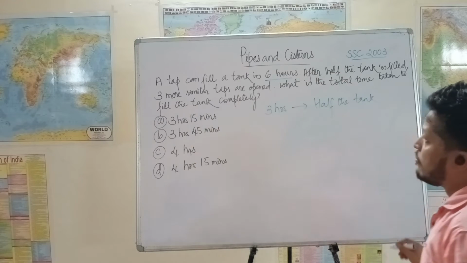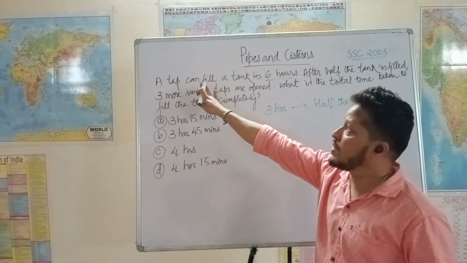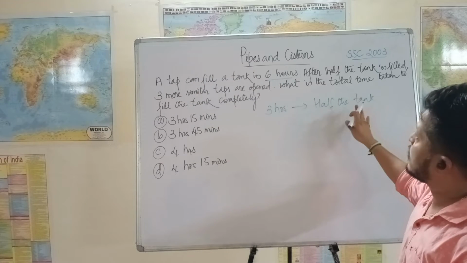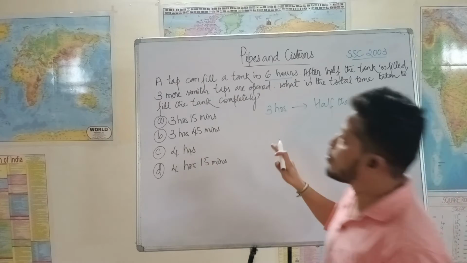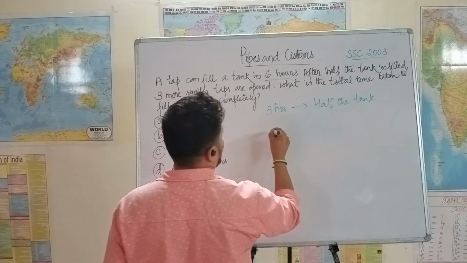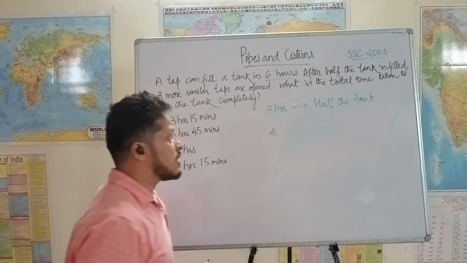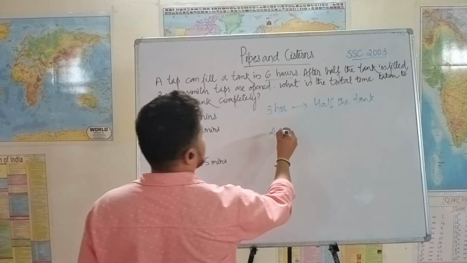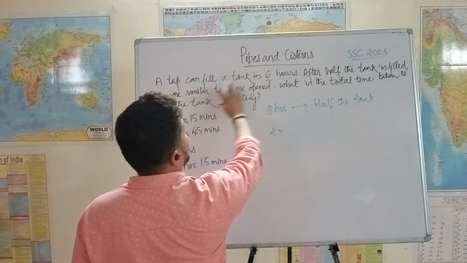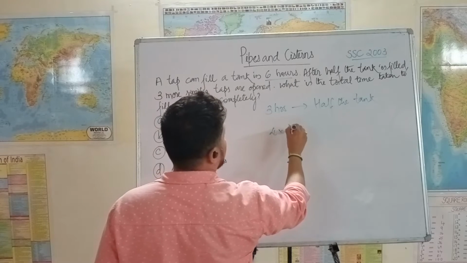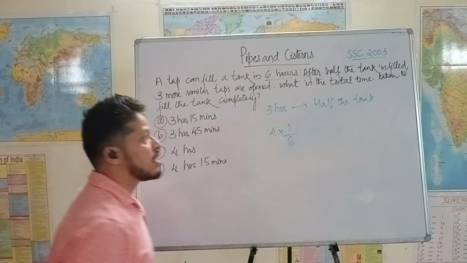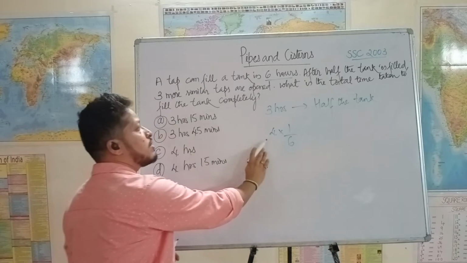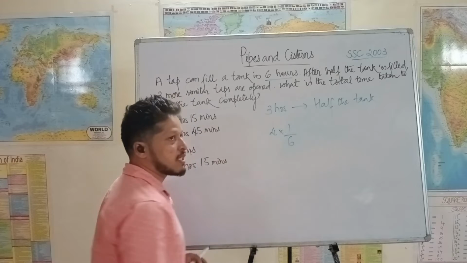That means for the first 3 hours only one tap is open, and after that 3 more taps open, so now a total of 4 taps are there. We have 4 taps to fill the cistern, and the efficiency of each tap is how much? They can fill the entire tank in 6 hours, so the efficiency of each tap is 1 by 6. Correct? We have 4 taps with efficiency of 1 by 6.